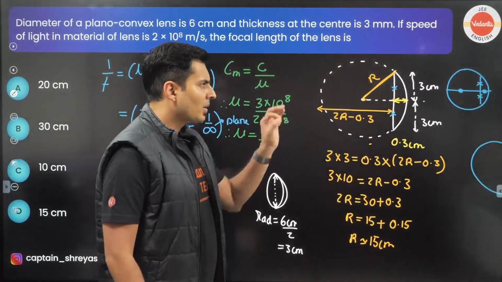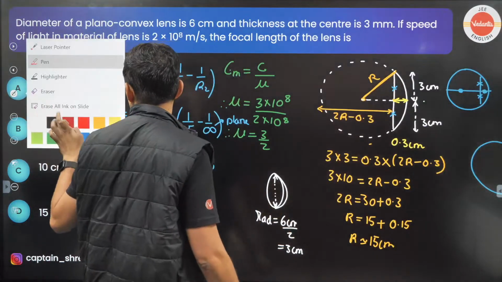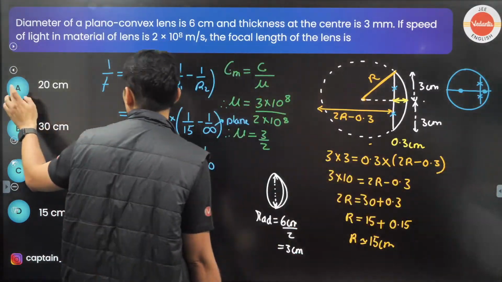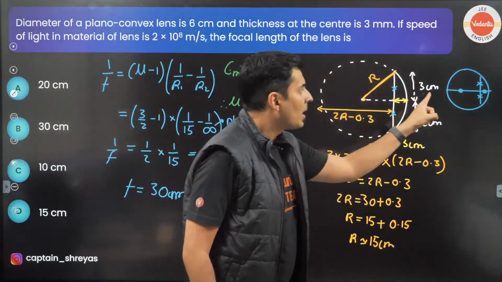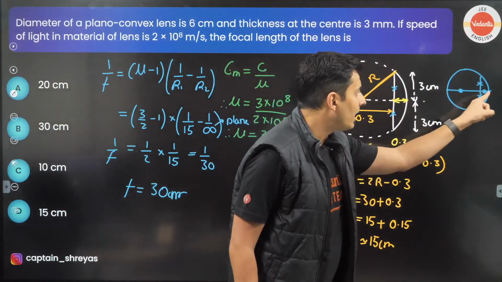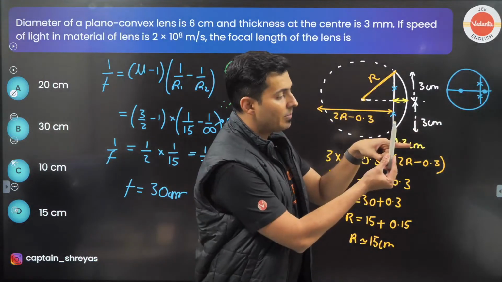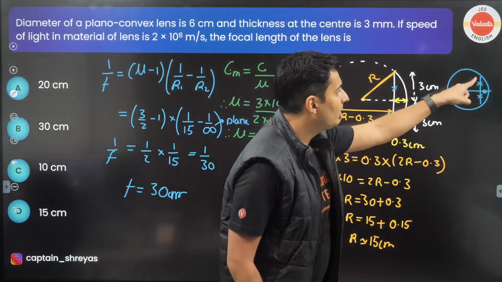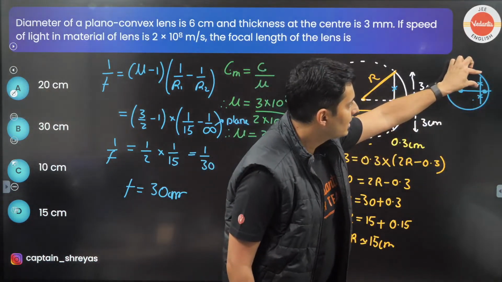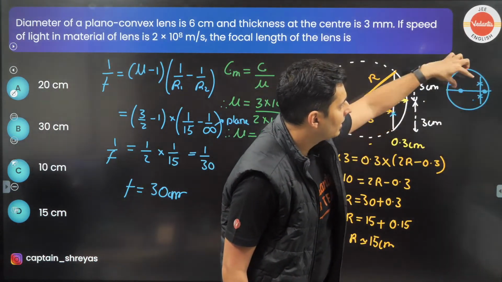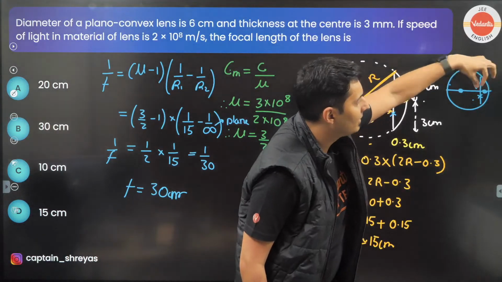Observe, whenever you have a circle, this is a geometrical property. What is that geometrical property? If you have a diameter and a chord, both perpendicular, then the chord will be divided by the diameter and the diameter will be divided by the chord. This part multiplied by this part is this part multiplied by this part.